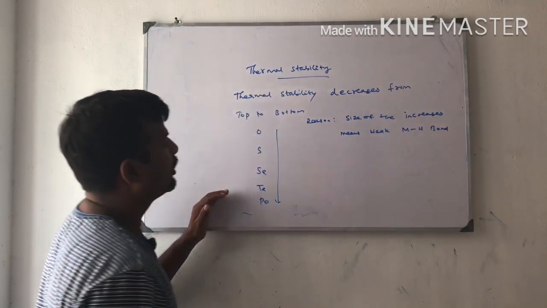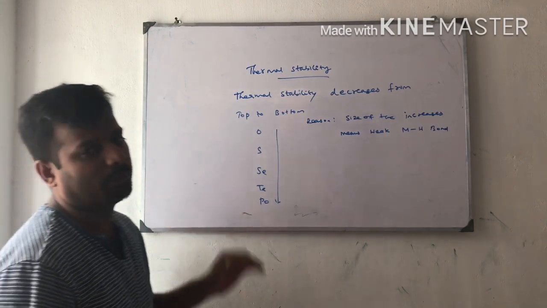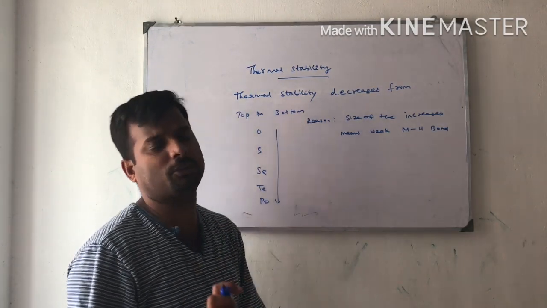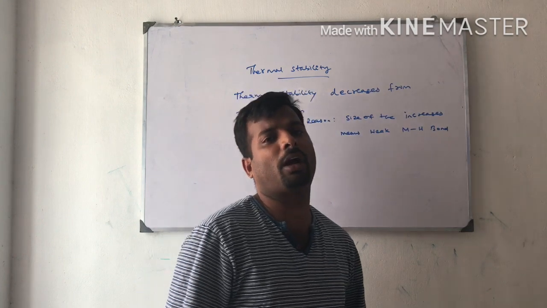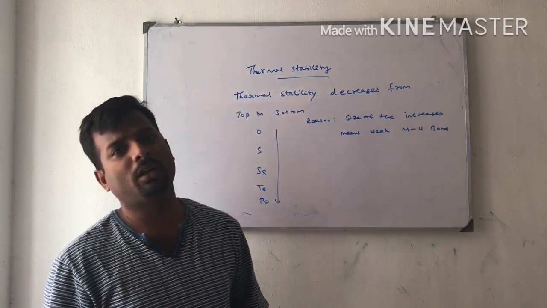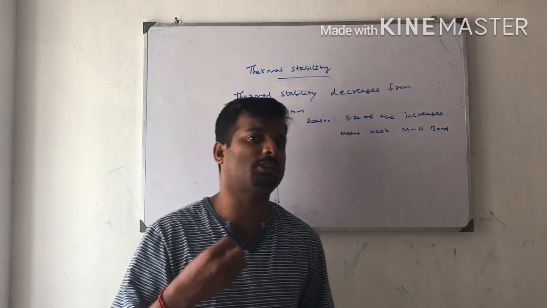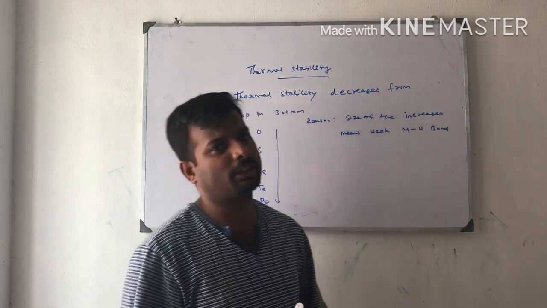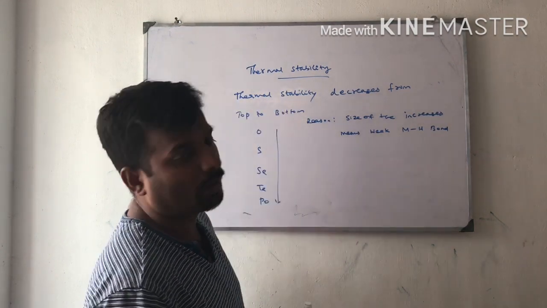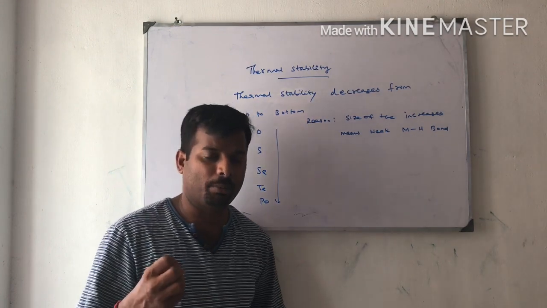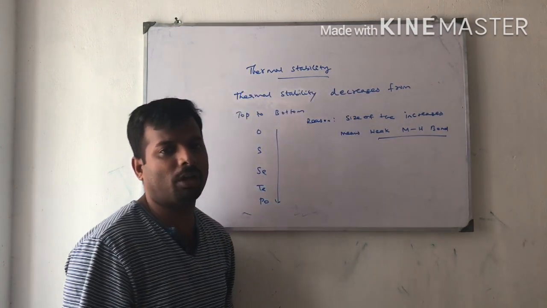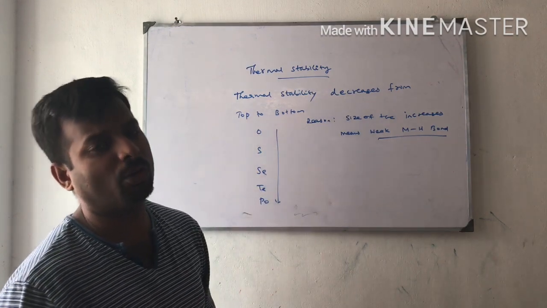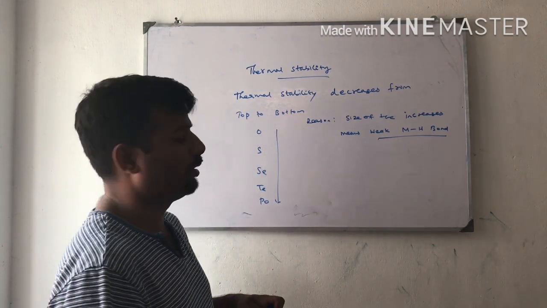If we go down the group, the size of the atom increases. When the size of the atom is small, the bond between the central atom and the hydrogen is stronger, so it can resist heat and thermal stability is higher. When we move down the group, the metal-hydrogen bond is weak, so a small amount of heat is required to remove the hydrogen.